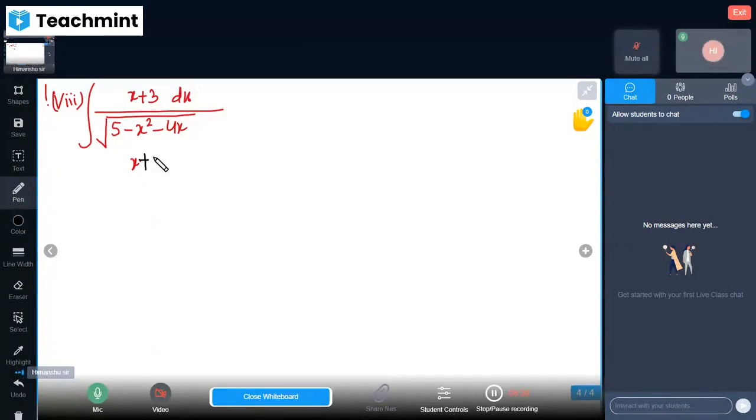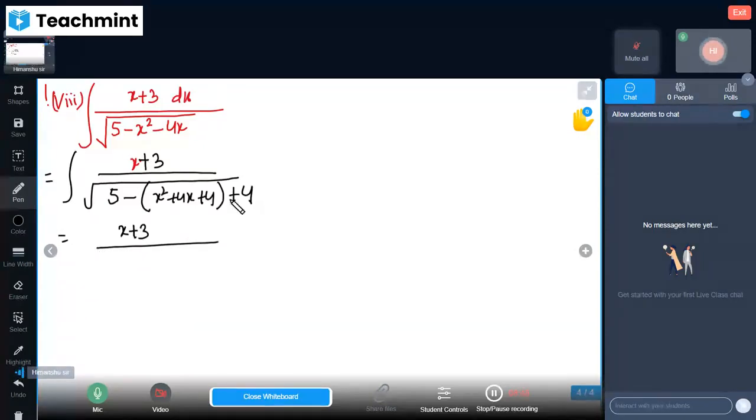So x plus 3 upon 5, and we're making minus x square plus 4x plus 4. But actually it is minus 4, so we are making it again plus 4. So x plus 3 upon root of 5 plus 4, that is 9, minus (x plus 2) square, dx. Look here, x plus 2 is there, but here it is x plus 3.